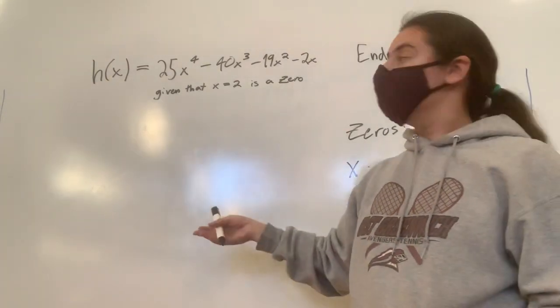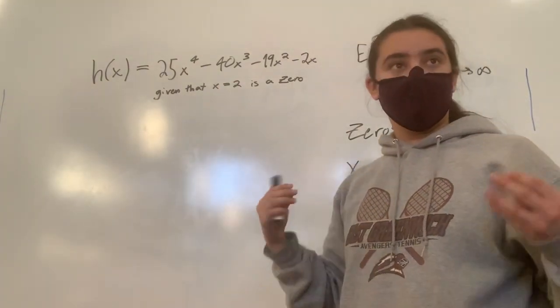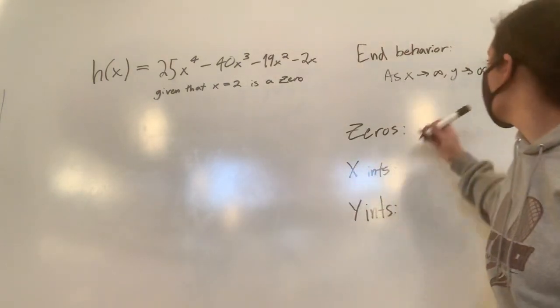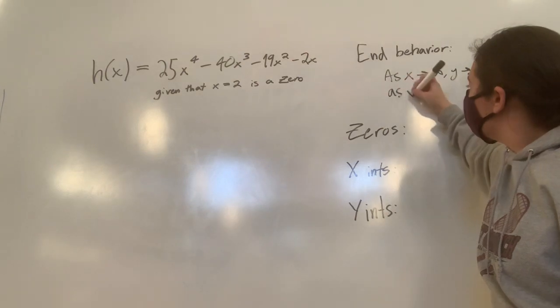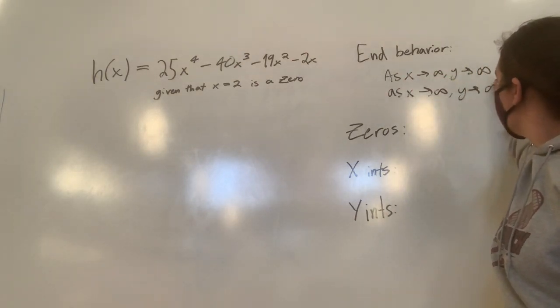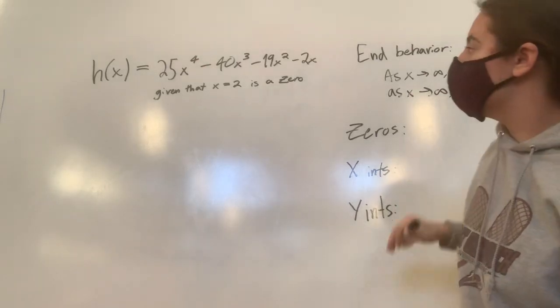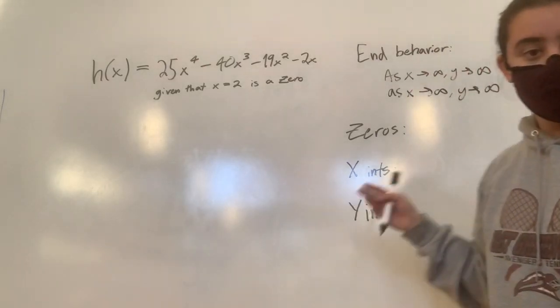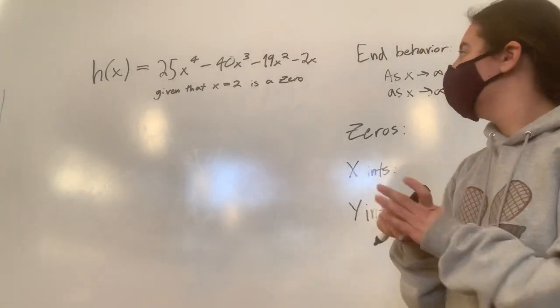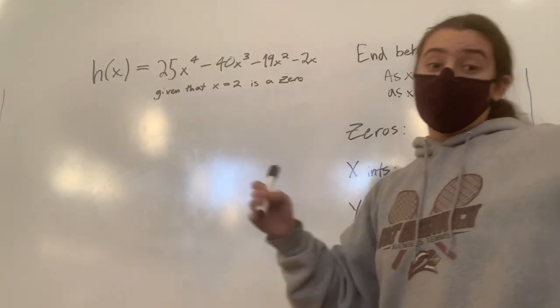And the degree of this polynomial is 4, which is an even number, meaning that the end behavior is going to be the same on both sides. So as x goes to negative infinity, y is going to positive infinity on that side too.